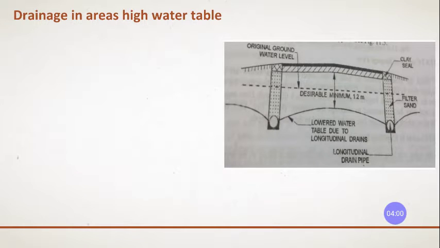Here is your water table, and you want to reduce it, lower it down. What you are going to do is dig a trench on both sides of the road.